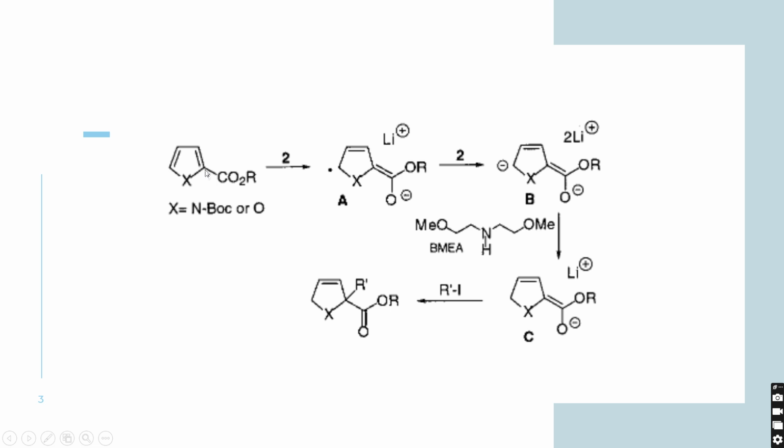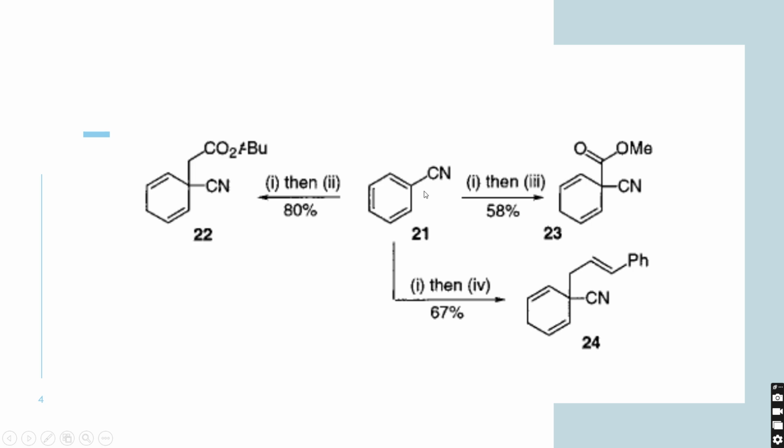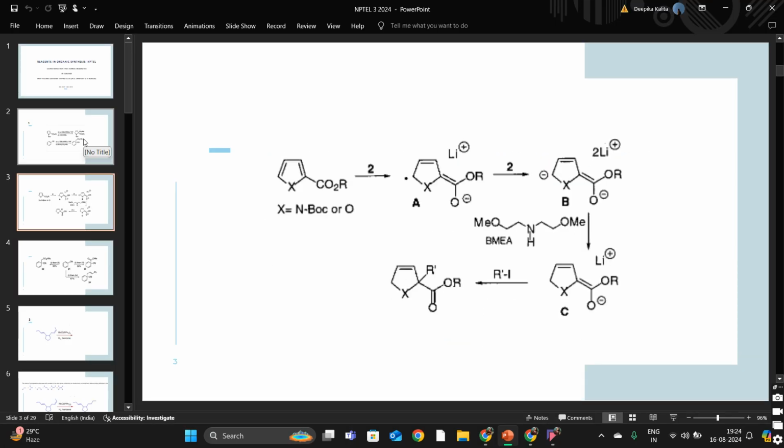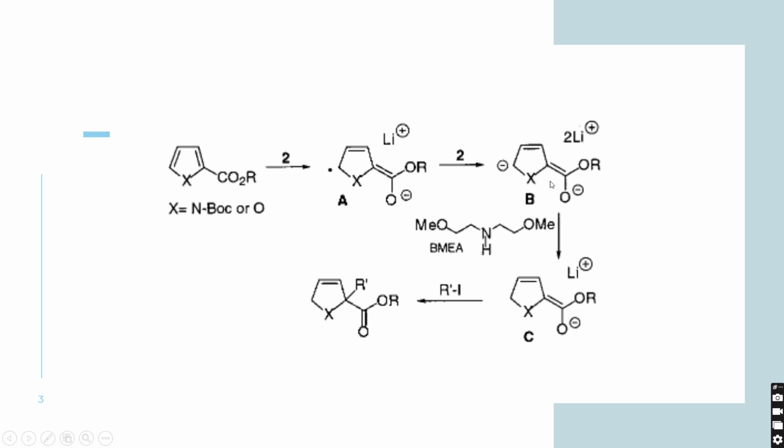Subsequently, when you donate the electron at this position, the arrow pushing will go first, the double bond will lie here, and then this double bond will come to this position to give you an anion. This is the first intermediate that you are going to get.